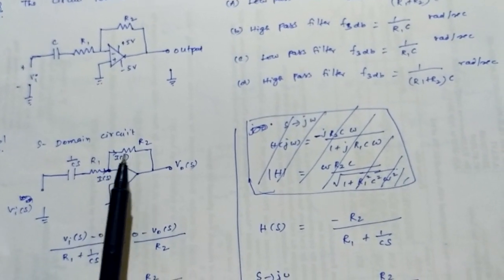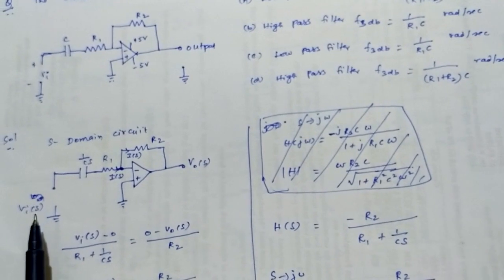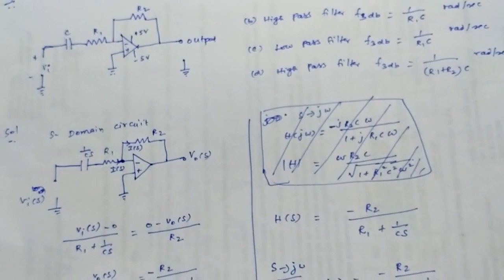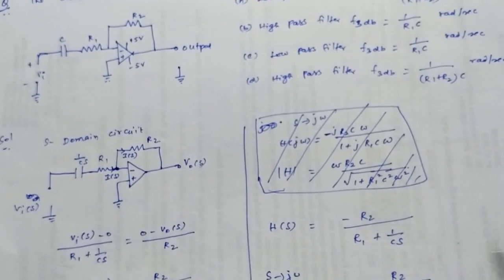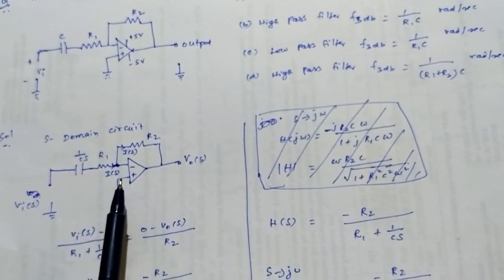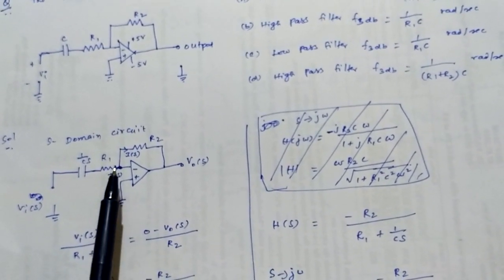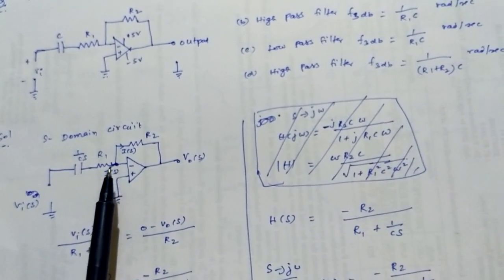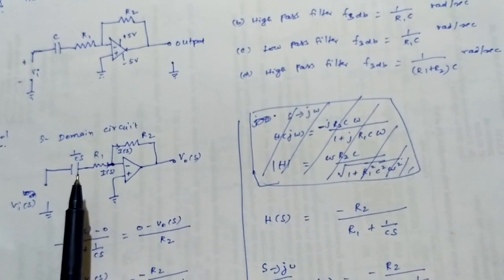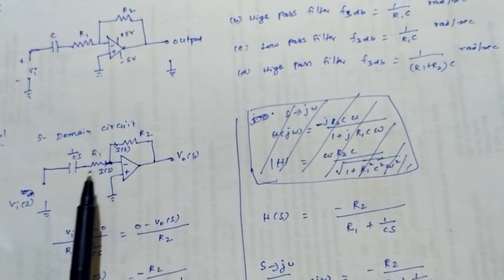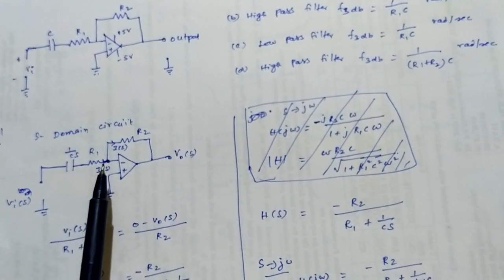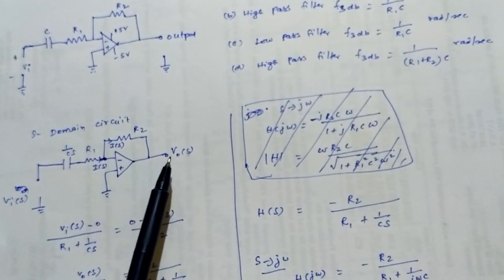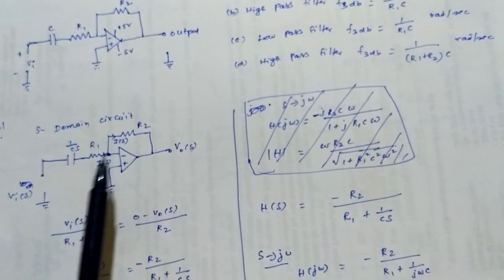The remaining resistors have no change, and the input voltage is V1 of S and the output voltage is V0 of S. Since the plus terminal, the non-inverting terminal, is grounded, the inverting terminal is also virtually grounded. So here I of S is the current flow. This entire I of S is flowing through this resistor R2, so both the currents are the same.